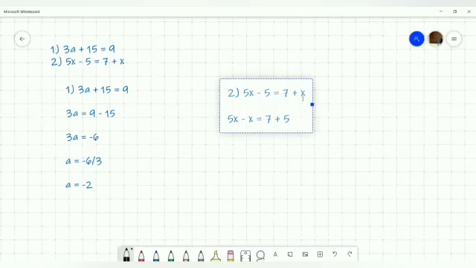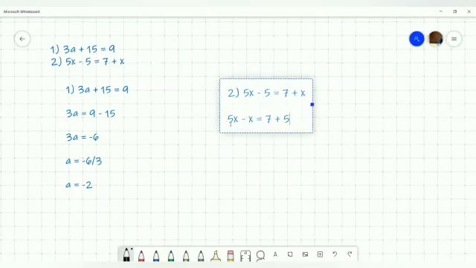So we have variables on the left hand side, and on the right hand side we already had the number 7. And this minus 5 also we have shifted to the right hand side. So now we have added it to 7, because on the left hand side it was subtracted. When we are shifting to the right hand side, we are adding it.